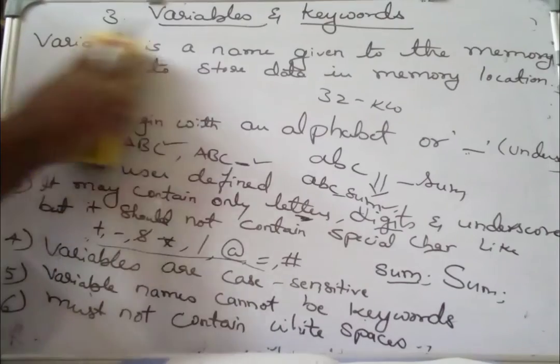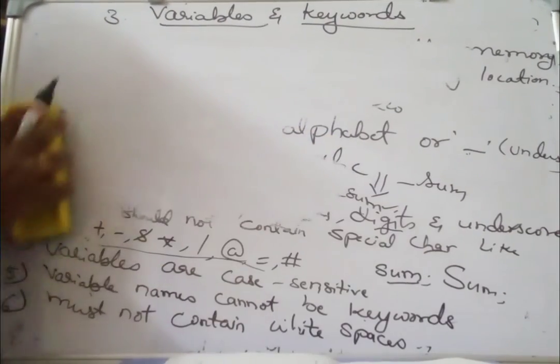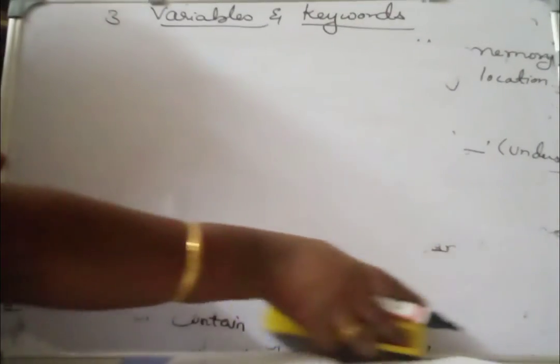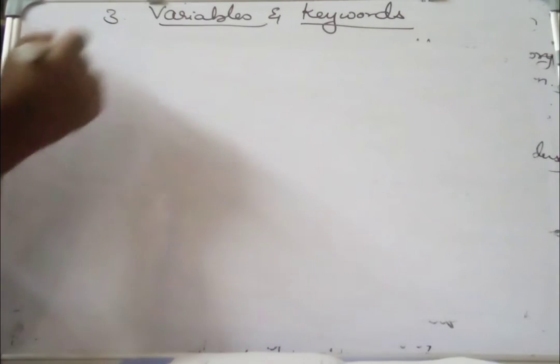So now we have discussed all six rules we should follow while declaring variables. It can begin with an alphabet or underscore. Digits can be present anywhere in the middle, but it should not begin with a digit.